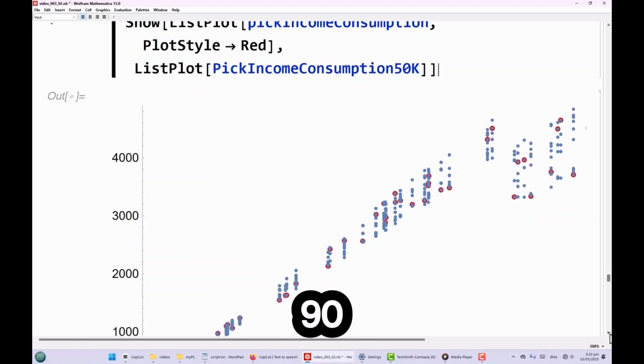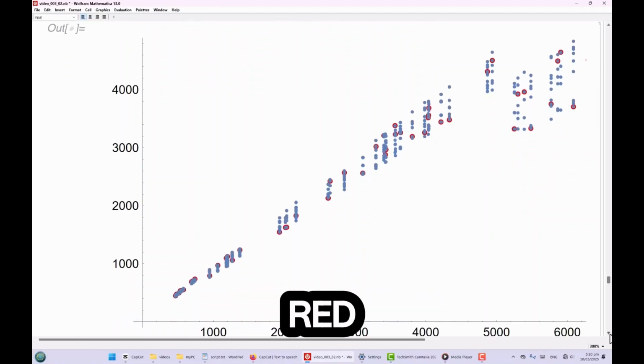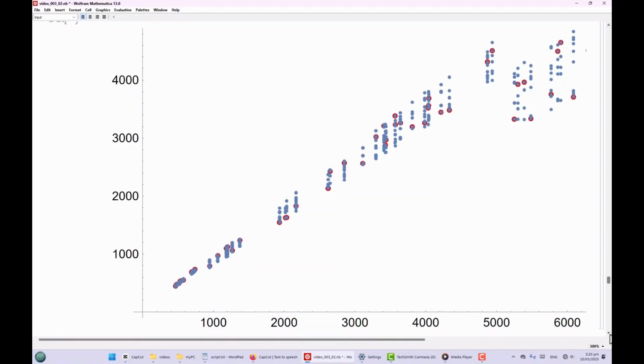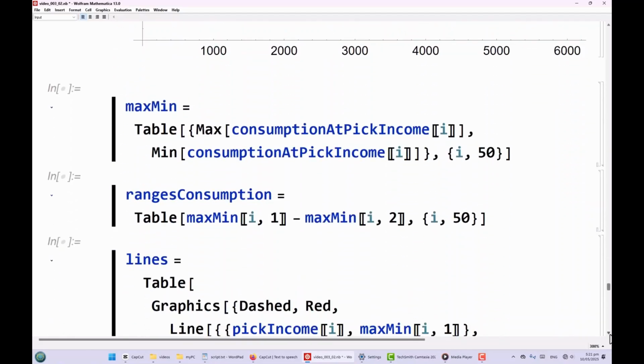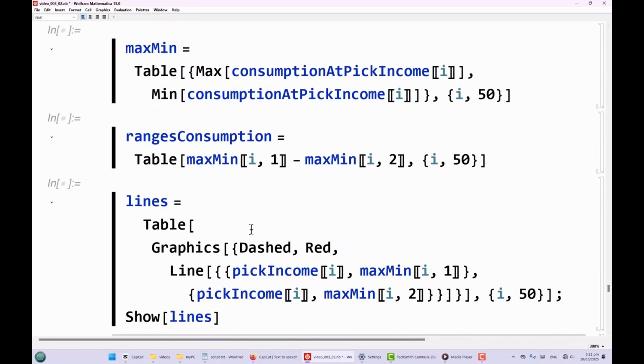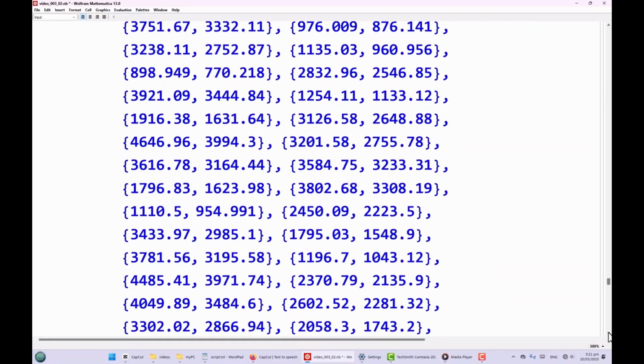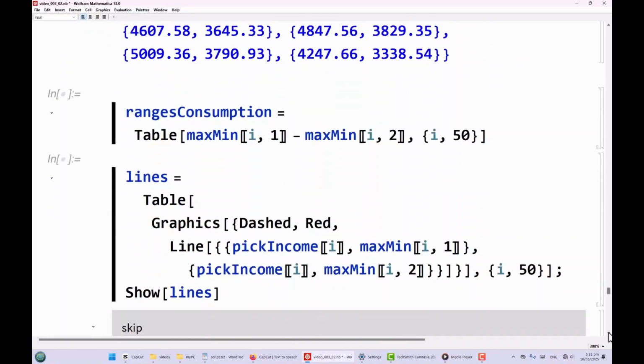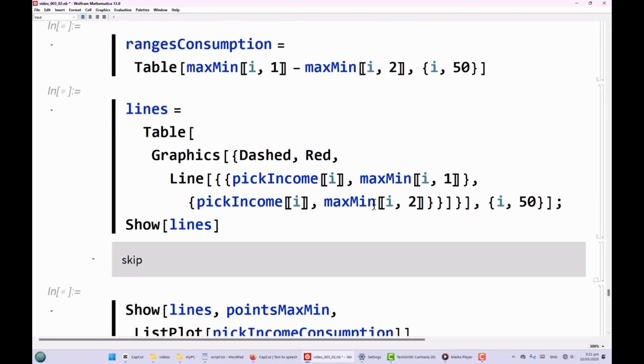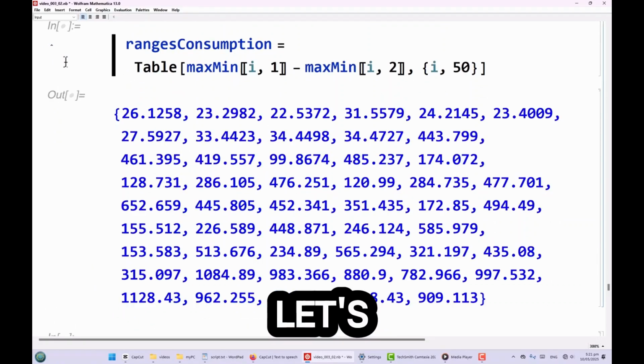Here is the plot of 590 points with 50 earlier points highlighted red in color. Let's draw red dotted lines through these points to make them more prominent.